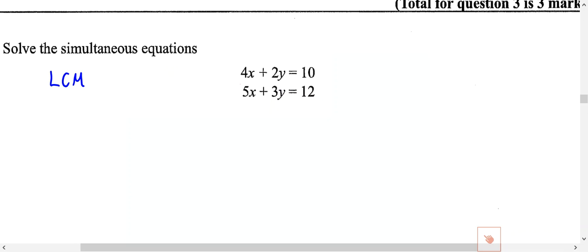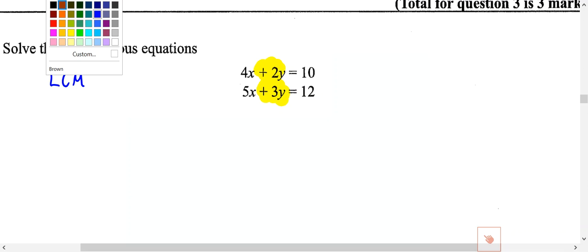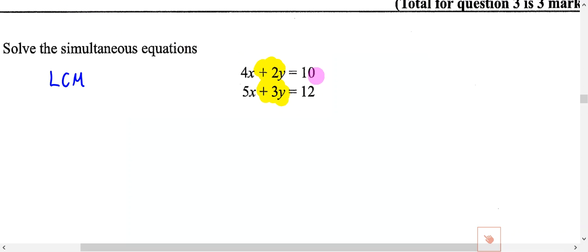I, personally, am just going to go with the y's. They're all positives. If there was a positive and a negative one, I might avoid that. In this case, what Gordon's saying is, we need to not just multiply one of them, we are actually going to have to multiply both of them and find the lowest common multiple.